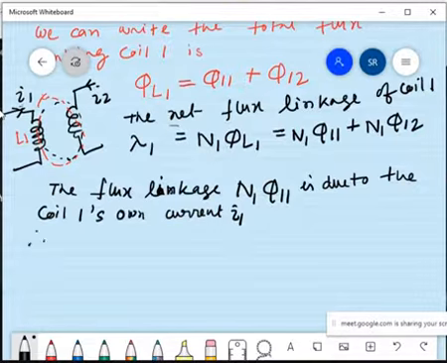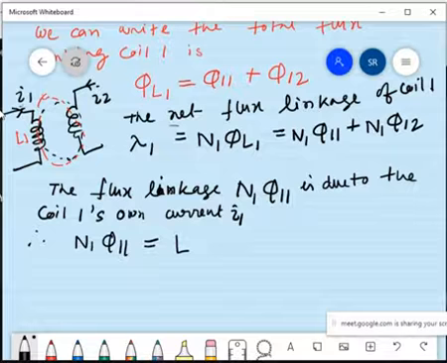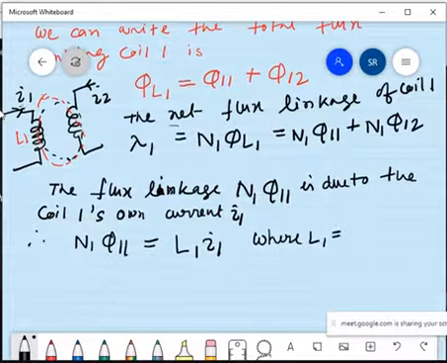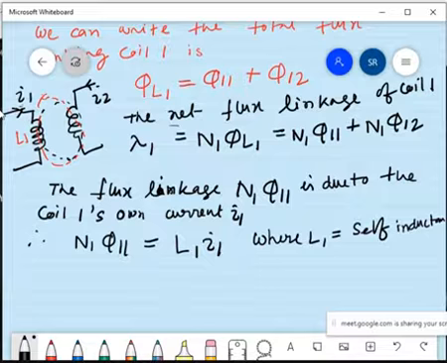Therefore, N1 phi 1 1 is equal to L1 I1, where L1 is called the self-inductance of coil 1.